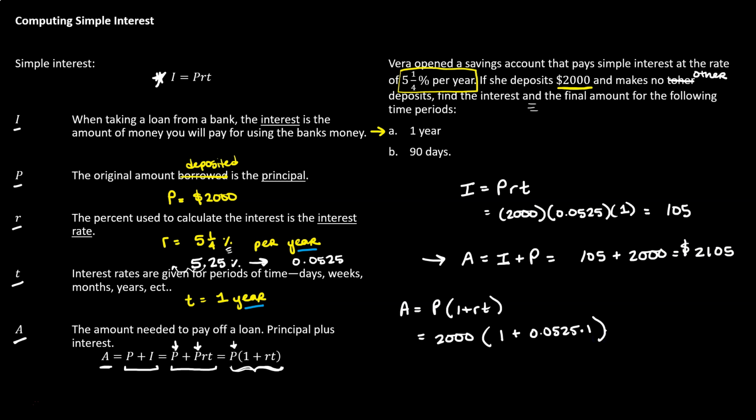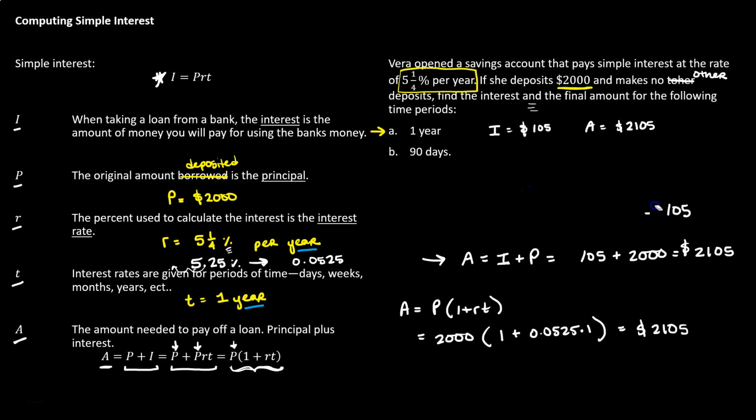So we would type in 2,000 times 1.0525, and we get that same total amount, $2,105. So this is what happens if our time frame is 1 year. For 1 year, the interest was $105, and the final amount is $2,105.